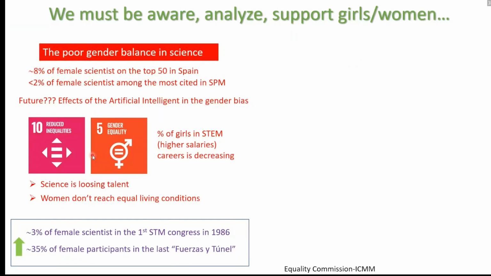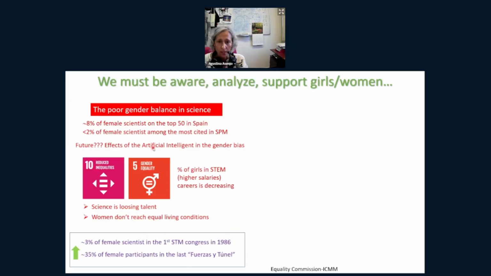Well, just to summarize, we have a real problem of gender balance in science, in particular in nanoscience and in microscopy. This is important not only because the young people don't have models to follow, but also because it's a problem for society. Science is using the talent of almost half of the potential future researchers.